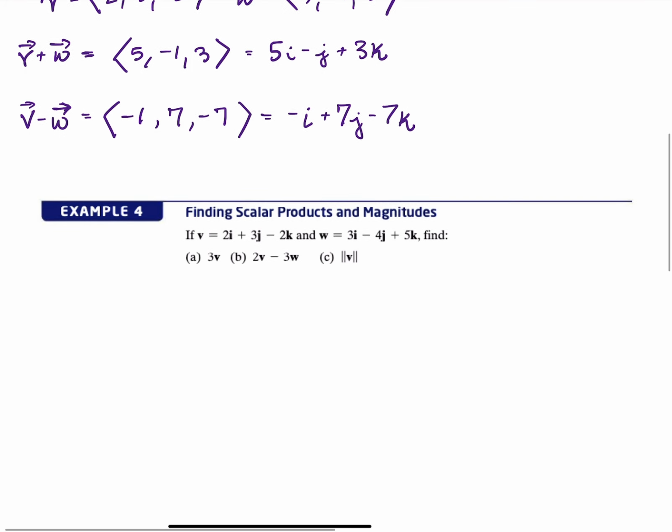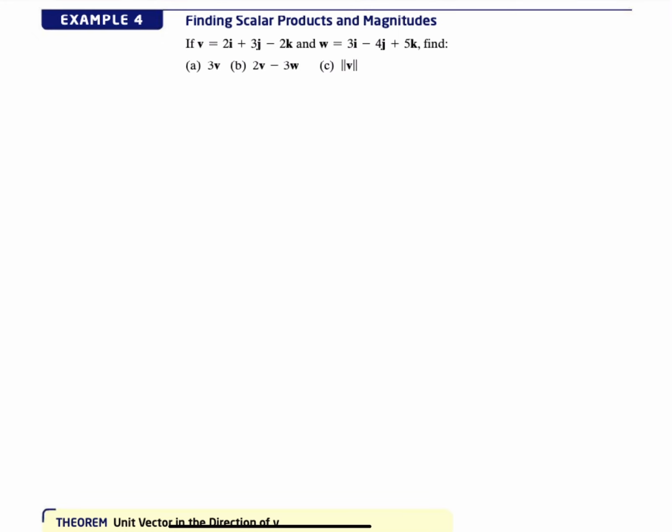And we can do other combinations like we've done before. So with two vectors, v is 2, 3, negative 2. W is 3, negative 4, positive 5. So let's find 3 times v.